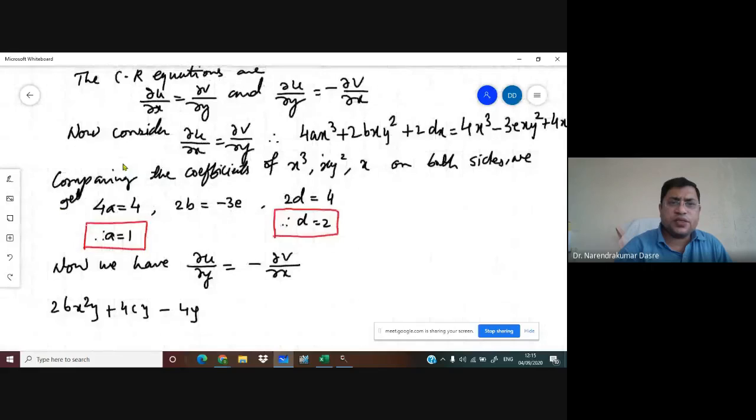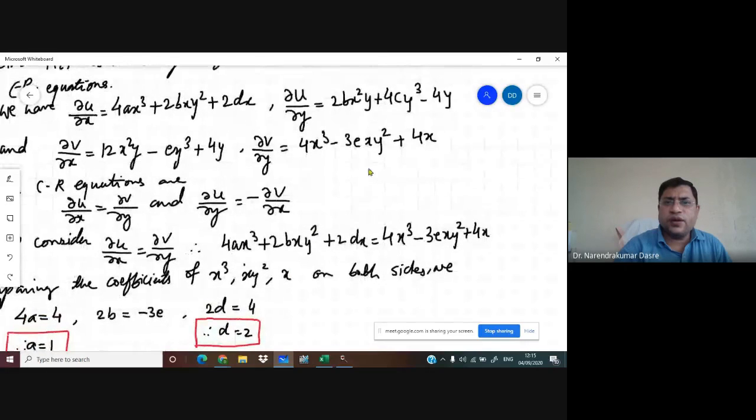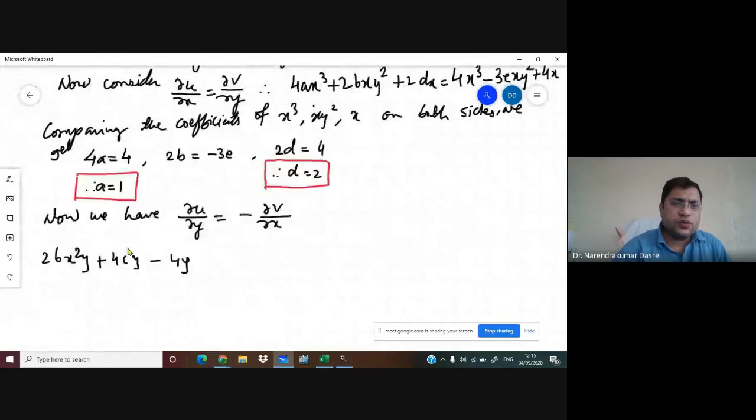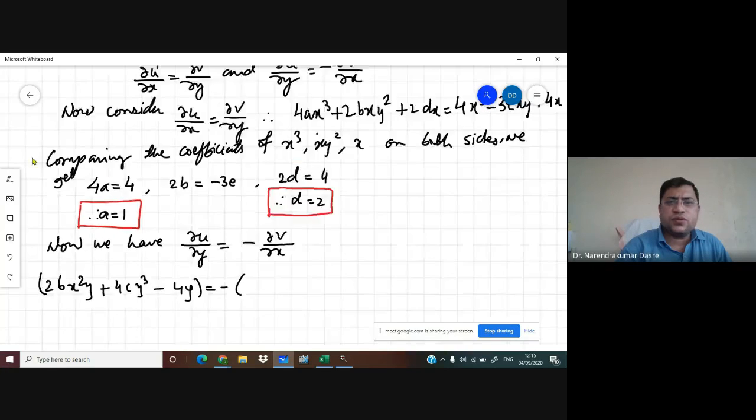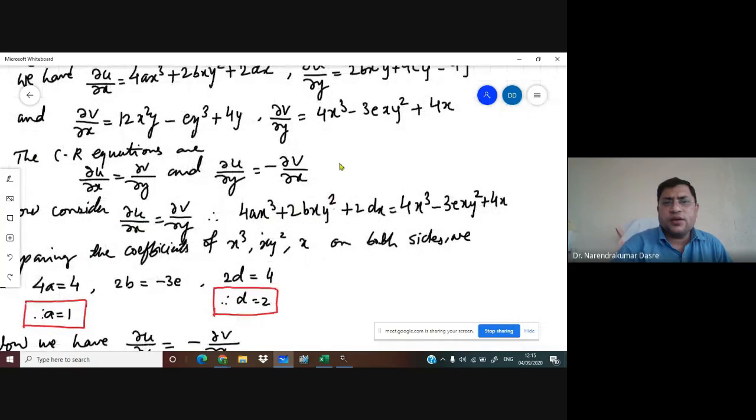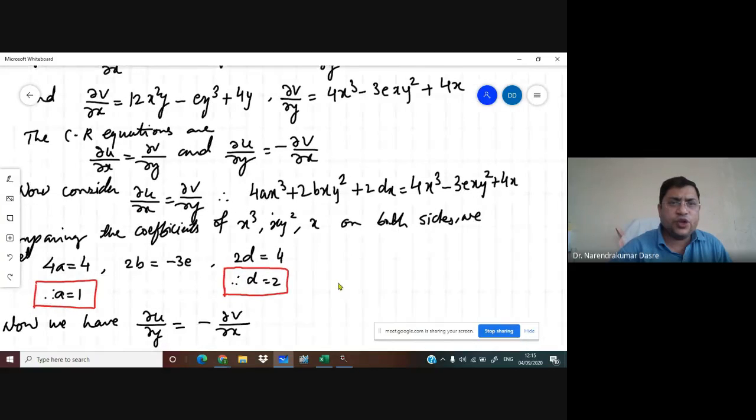So see the coefficients here: 2bx^2y, 4cy^3, minus 4y. And this is equal to minus... Okay, so we have here ∂v/∂x, this is 12x^2y - ey^3.